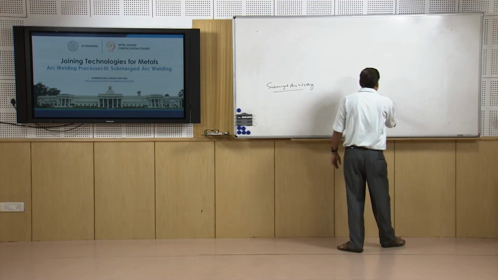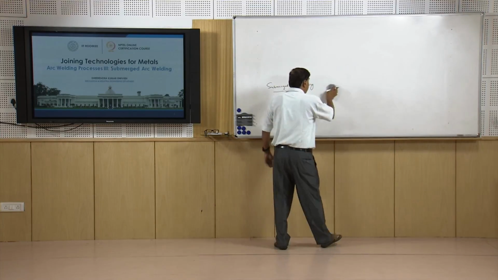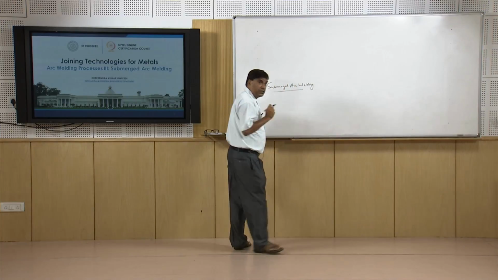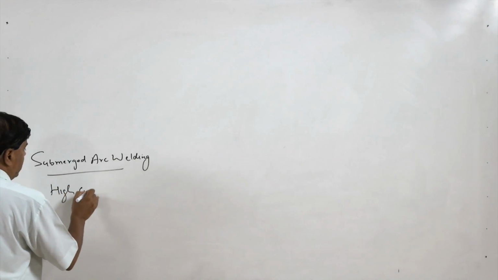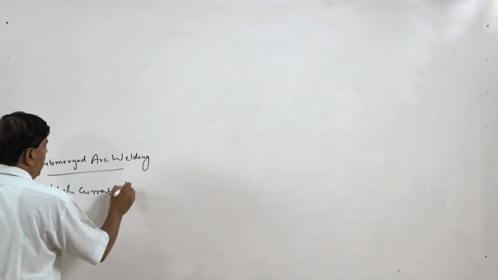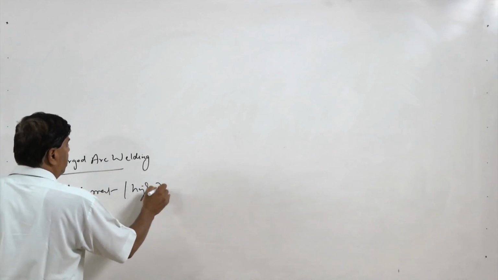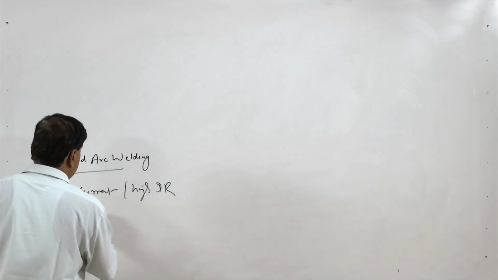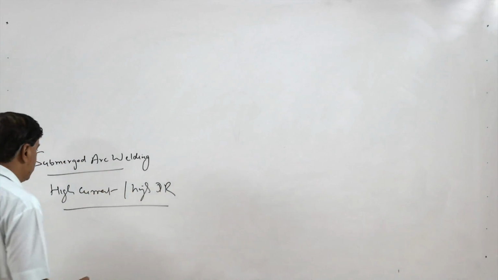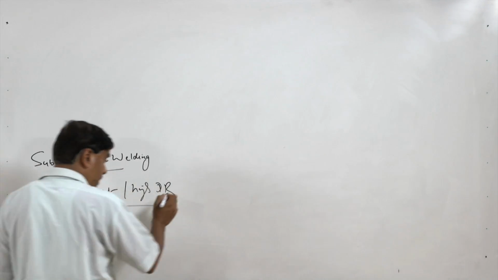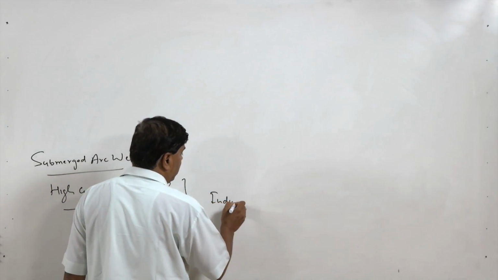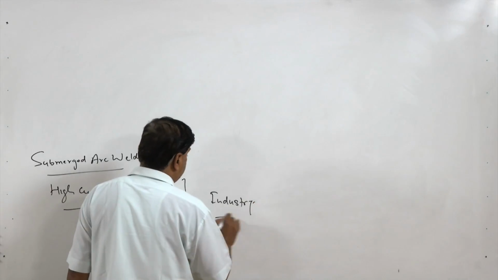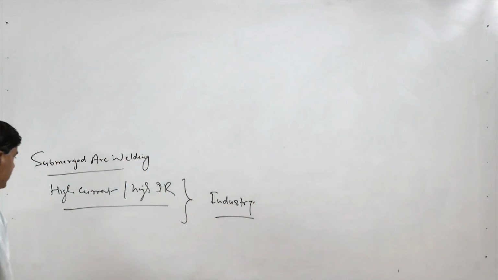This process is known to be a high current, high deposition rate process. Because of these two features, this is very popular in the fabrication industry, because it offers high productivity.